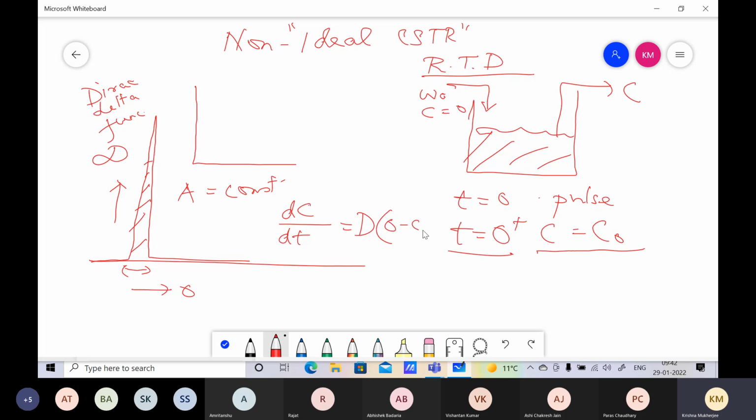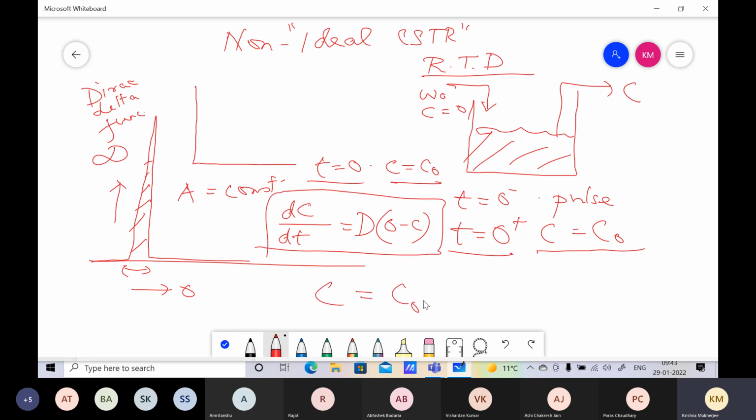So dc by dt is D times 0 minus c, with the initial condition that at t equal to 0, c is equal to c naught, because at t equal to 0 minus it was 0, but at 0 plus the concentration has gone to c naught because of perfect mixing. This is a simple equation to solve: c is equal to c naught e raised to the minus Dt. You're all familiar with this.